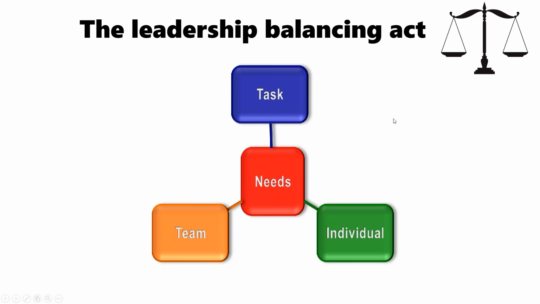So you've got 3 basic balls that you're juggling: task, team, and individual. And it's important that you keep all of those balls in the air at the same time and not drop any of them. But of course we all do at times, and we're aware of that. So that's the focus of what we're going to look at over the next 45 minutes or thereabouts.